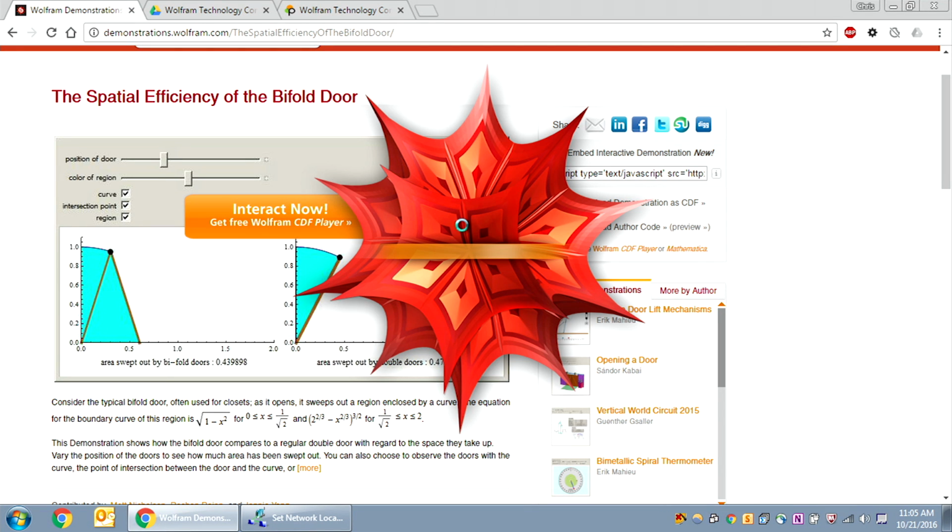We're in a space where you don't have a whole lot of room. As you can see from that screenshot, at the very bottom we have a running count of the amount of area that the curve has swept out.